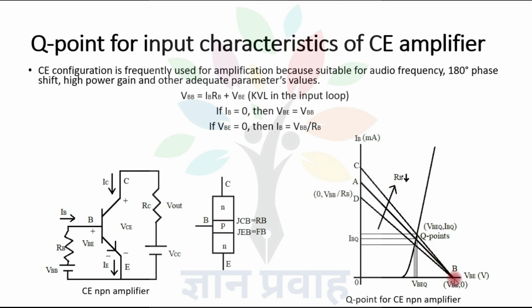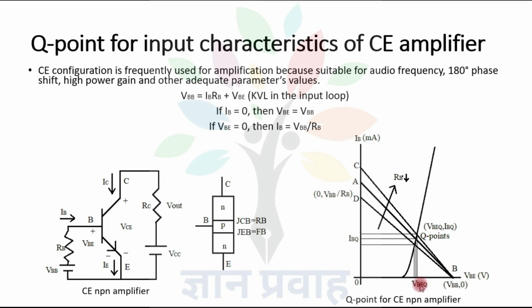And here we simply fix the biasing voltage, that is VBB. And whenever these load lines intersect the input characteristic of the CE amplifier, these corresponding points are the Q points. So here we have calculated 3 Q points for 3 load lines. So the corresponding values are called VBEQ and IBQ.